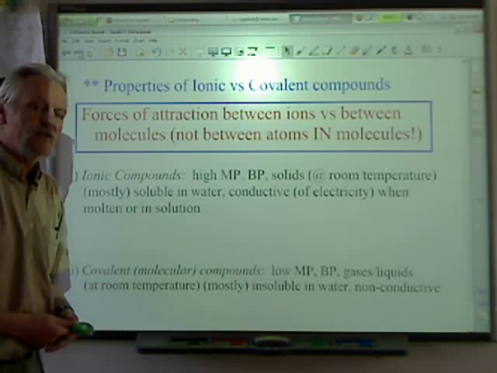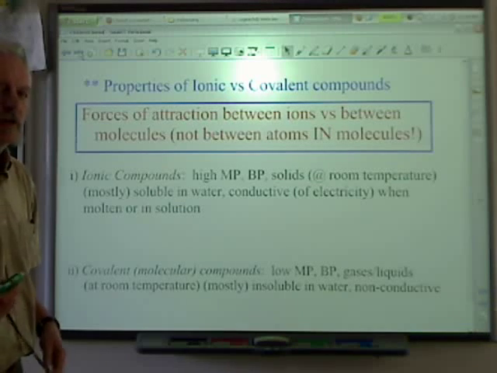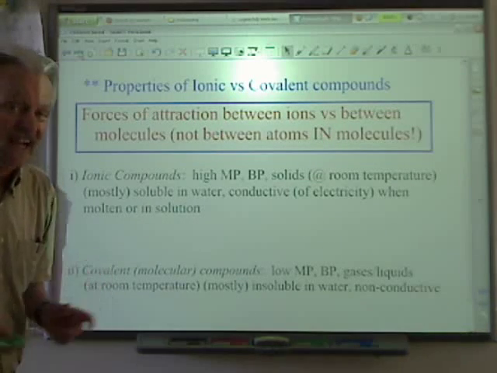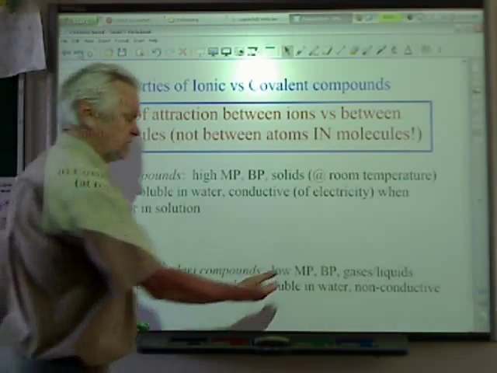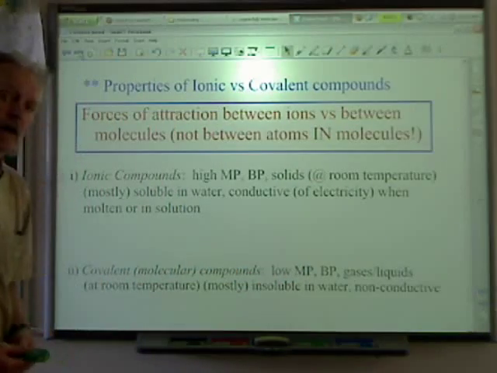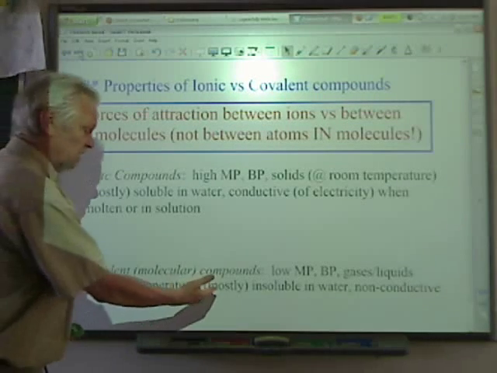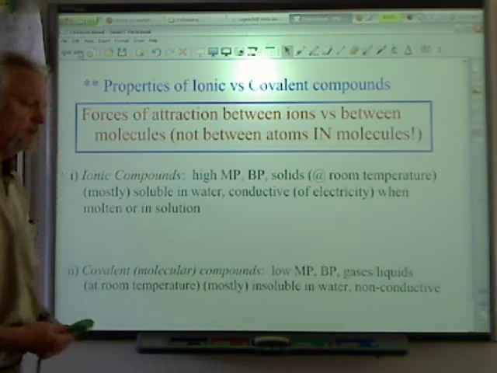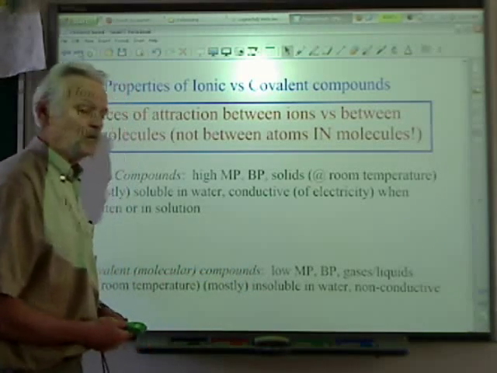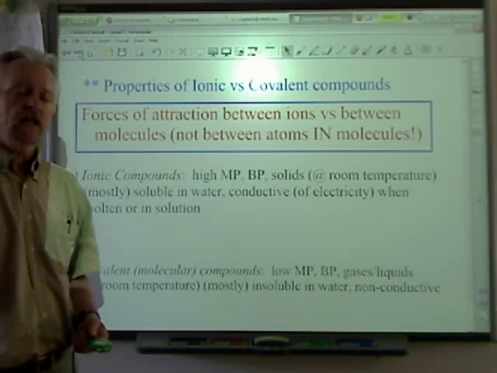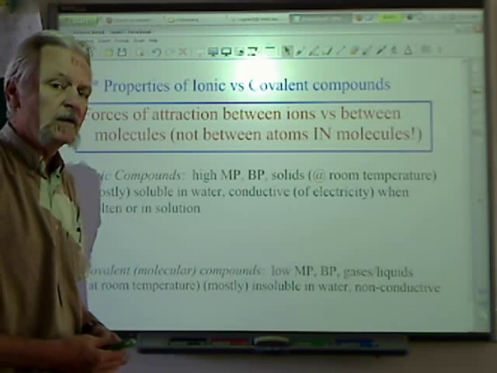Those tend to be relatively weak, and as a result, almost all of our covalent compounds are liquids or gases at room temperature. And those that are solids have low melting points as a result of those weak forces. Likewise, because most of these covalent compounds are relatively nonpolar, they are insoluble in water, and because they do not contain any charges, they end up being non-conductive.